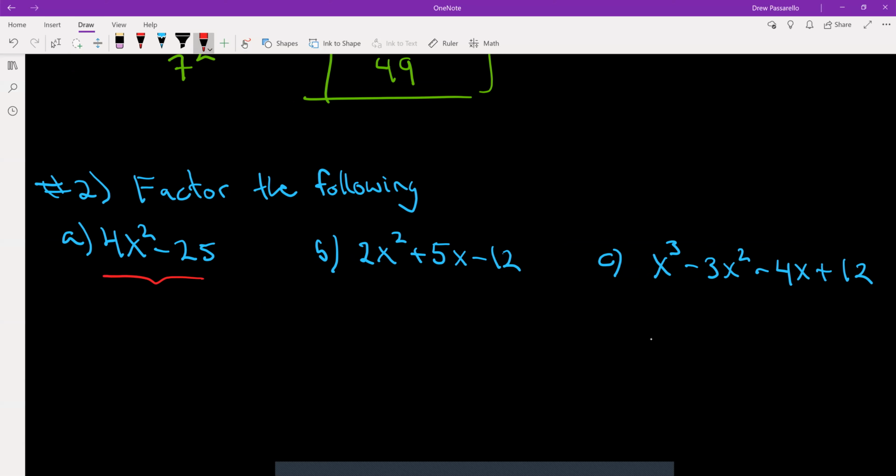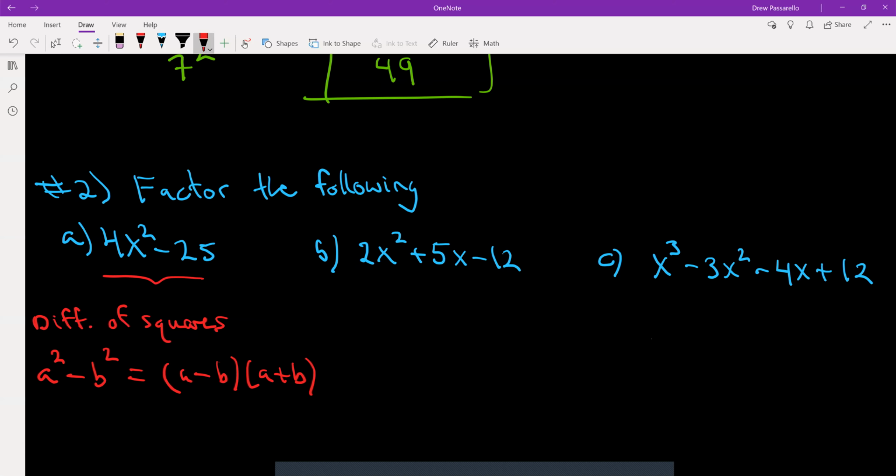Now for part A, it's got the structure of difference of squares. That's if you have a squared minus b squared, that factors into a minus b times a plus b. So that's a factoring formula, and it's got that structure.